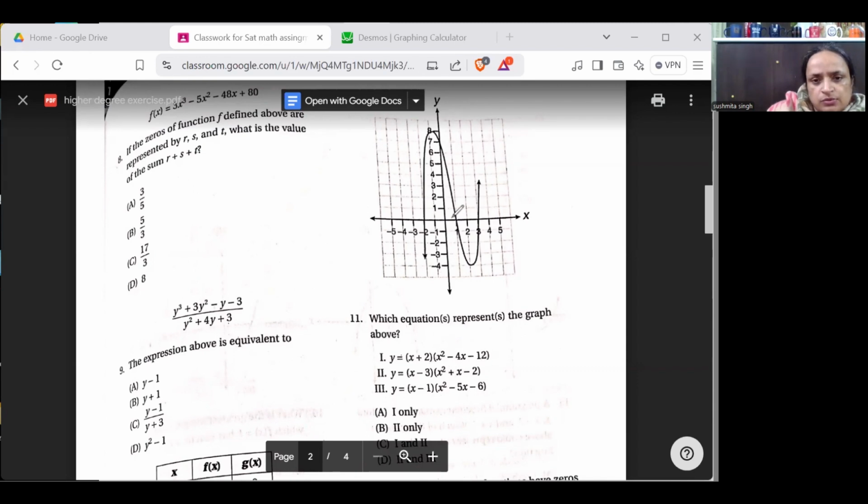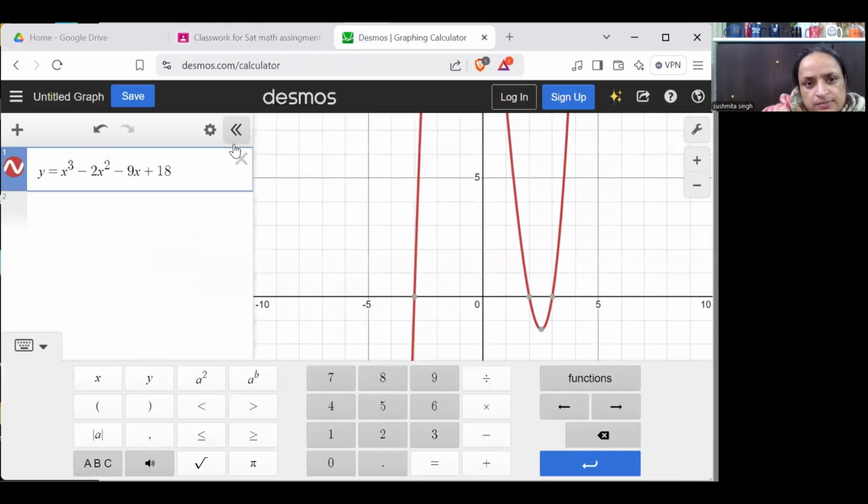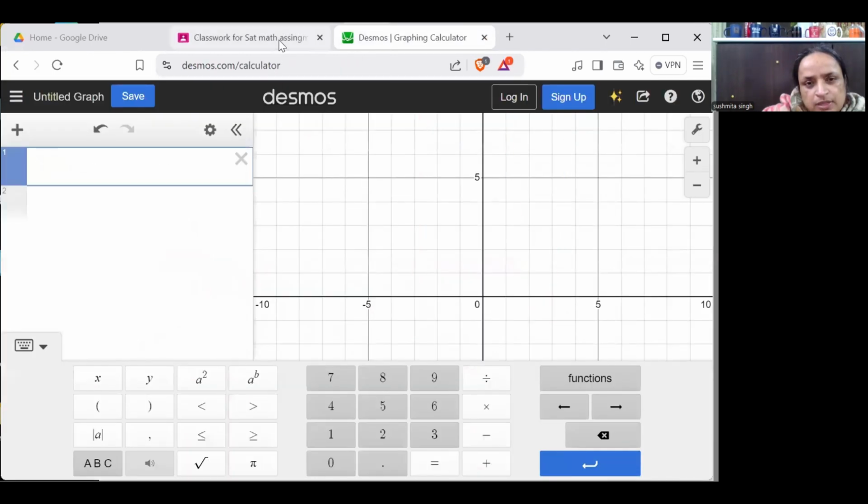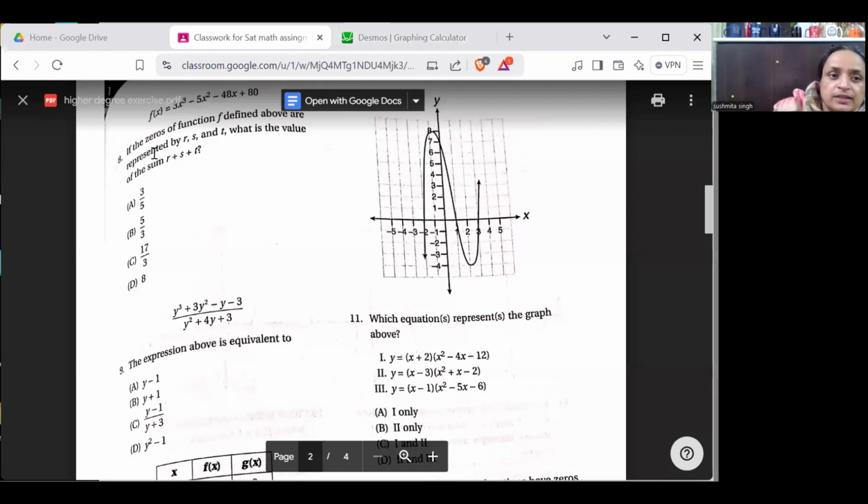The best way to do it, if you're not good at factoring, no problem: we'll just graph it in Desmos and see which one satisfies. Over there you can directly copy. Right here I'm not able to copy. y is equal to x plus 2 times x squared minus 4x minus 12 is my first one.